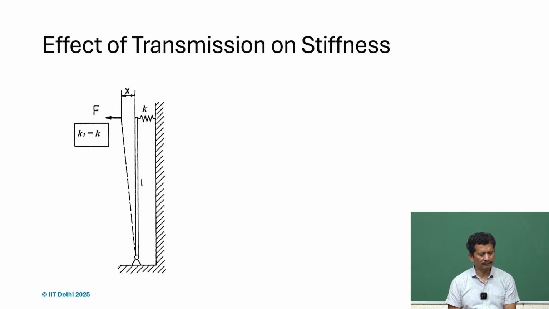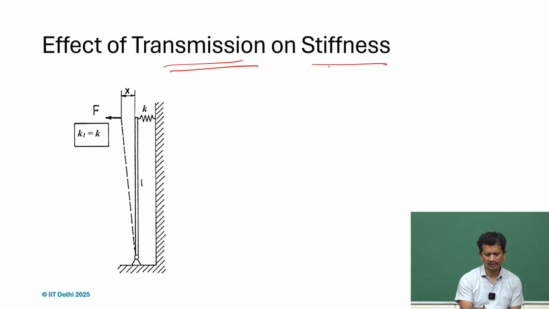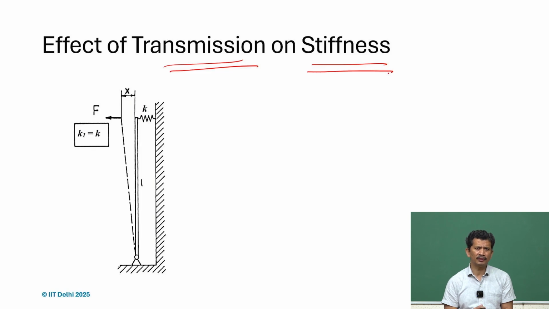Very important parameter here, which we usually do not cover in our UG curriculum, or even otherwise. But we realize that this transmission ratio has a lot of impact on the overall stiffness, and we try to understand it with a very simple example. What do we mean by transmission? When we are designing or assembling components, we often don't know where to put the spring.